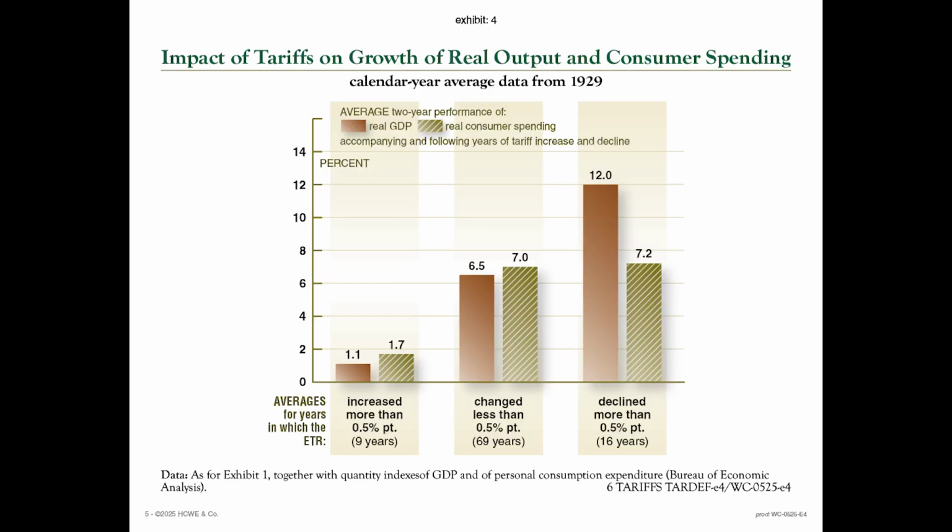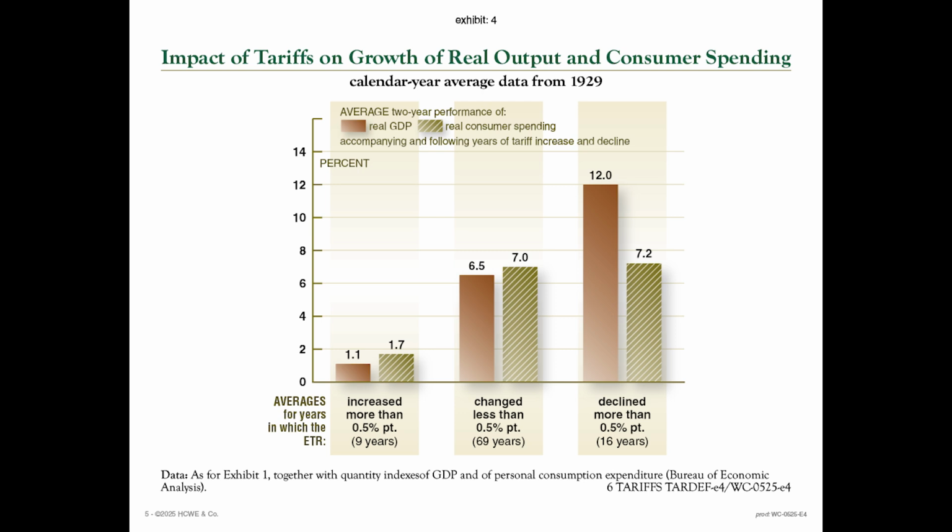We look at the effect of tariffs on the growth of real GDP, that is output, and also the standard of living, which we can measure roughly by consumer spending, or real consumer spending. And we see here a relationship that's pretty clear, where you have the tariffs increasing in the two bars on the left, and you have tariffs declining in the two bars on the right. Broadly speaking, that's a positive relationship, sorry, a negative relationship, in which the greater the tariff increase, the lower is the growth.